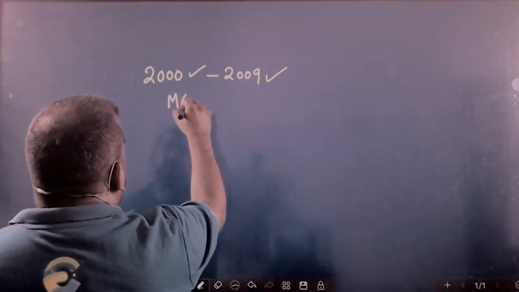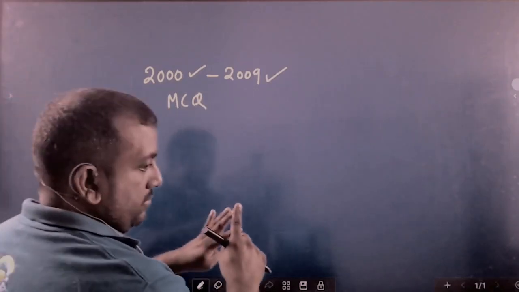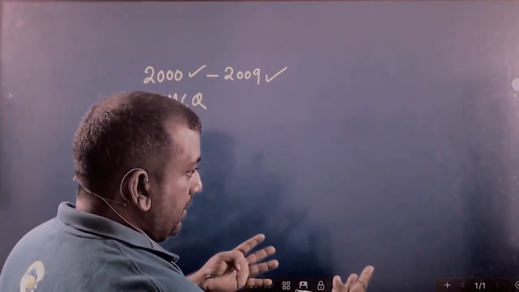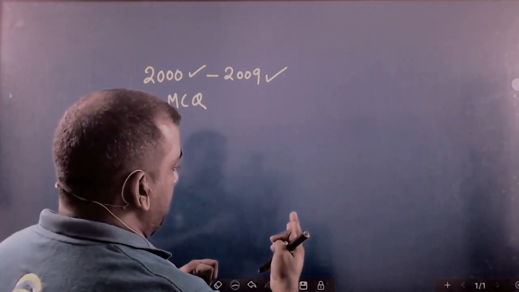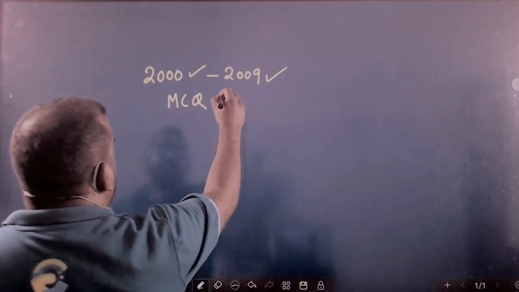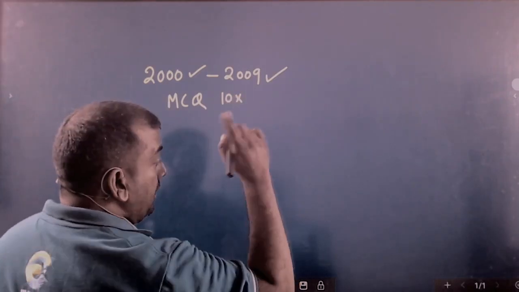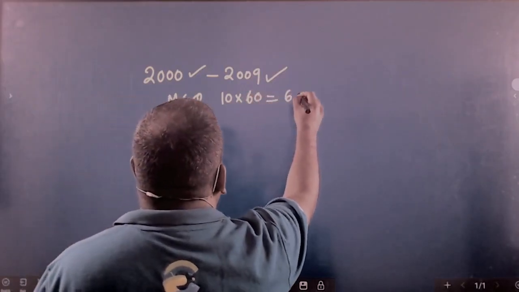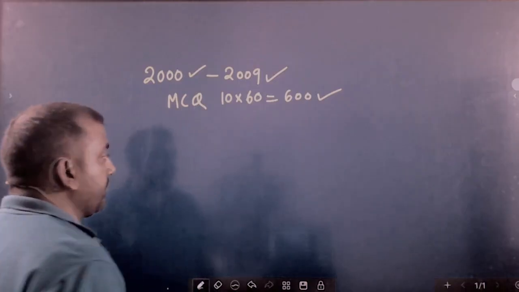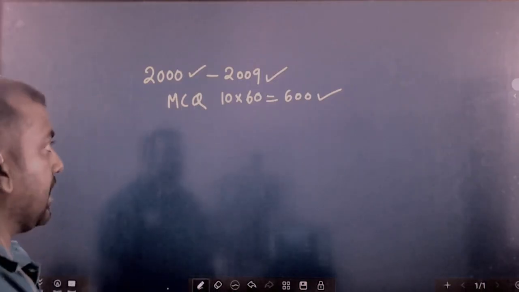In terms of MCQ, 11 weeks means 11 papers. 2000, 1, 2, 3, 4, 5, 6, 7, 8, 9, 10 papers done. And the fifth week we discussed electricity. Yes. 10 papers into 60 MCQs, 600 MCQs done.